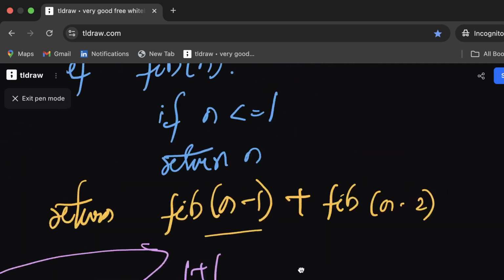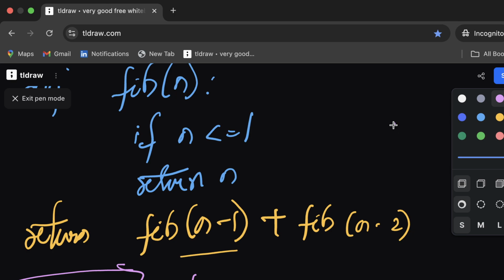And from there is how we have got this relation, right? So now if you want to define the relation, it is going to be T of n minus 1 plus T of n minus 2, and each is going to do a unit amount of work, right?